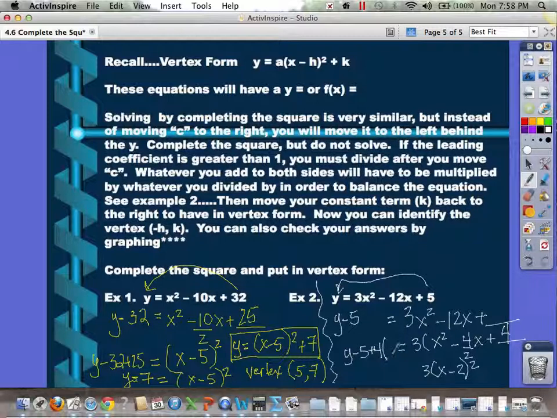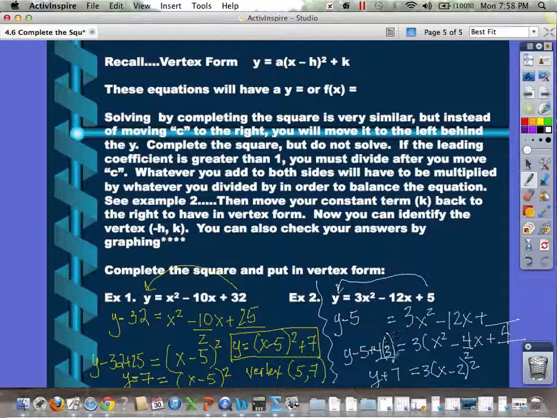But whatever I add, because I took out a 3, I must multiply it to that 4 only. So that's going to be y minus 5 plus 12, because when you multiply 4 and 3, you get 12. So negative 5 plus 12 is going to be a 7. So it's y plus 7 equals this.